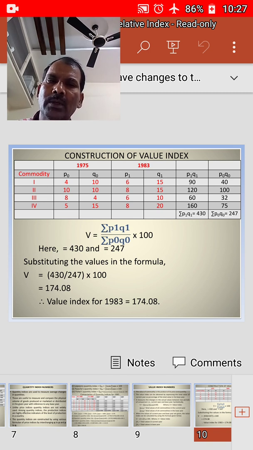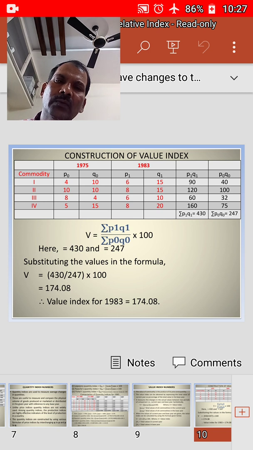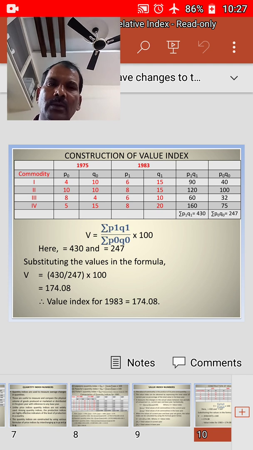That is sigma P1 Q1 by sigma P0 Q0 is equal to value index into 100. Here we got P1 Q1, current year prices with current year quantities: 6 into 15, that is 90, 8 into 15 is 120, 6 into 10 is 60, 8 into 20 is 160. P0 Q0: 4 into 10 is 40, 10 into 10 is 100, 8 into 4 is 32, 5 into 15 is 75.